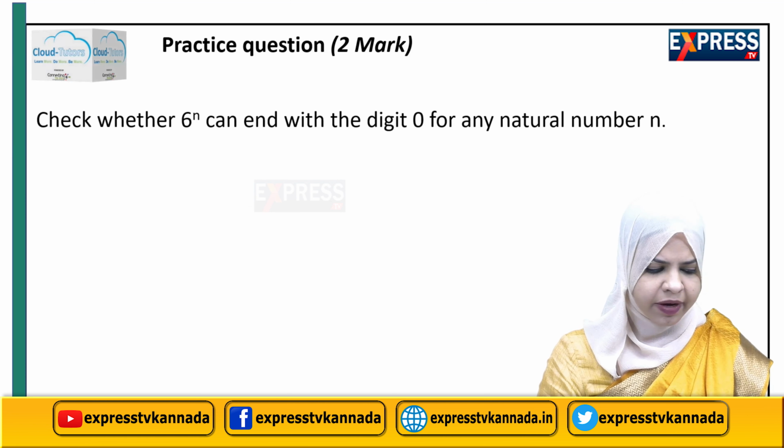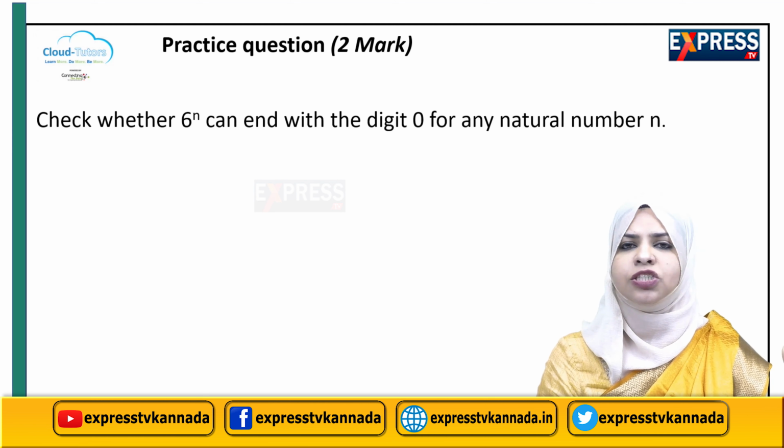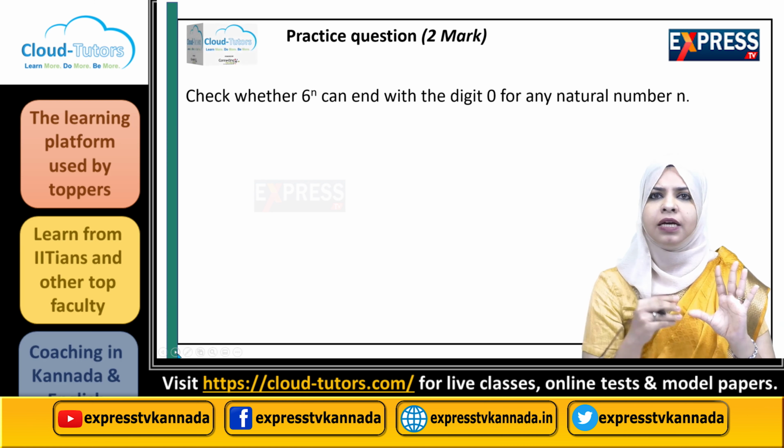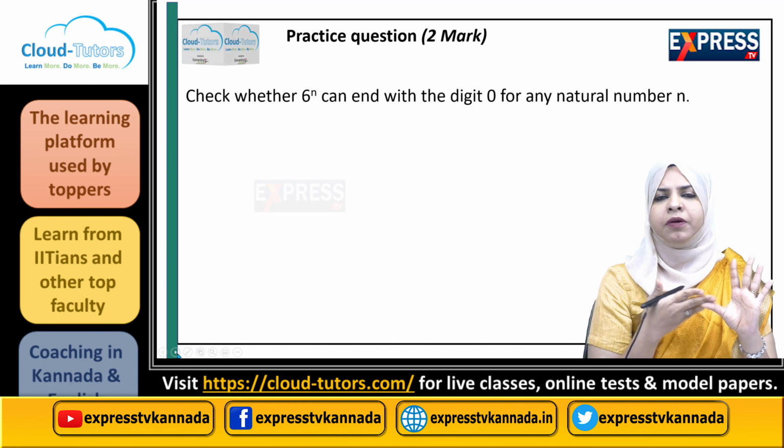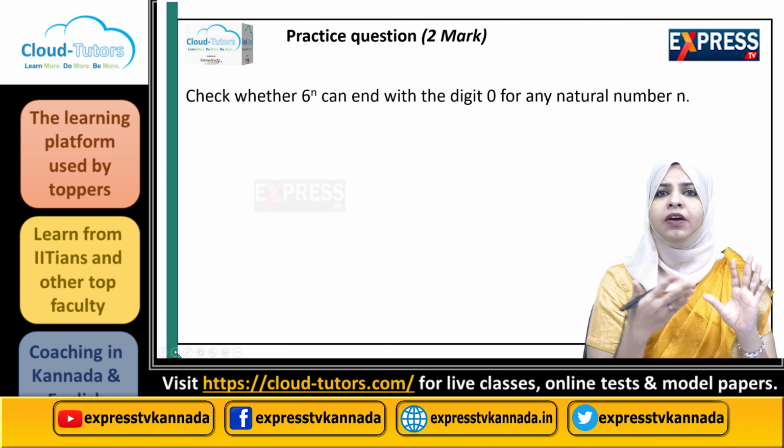Check whether 6 power n can end with digit 0 for any natural number n. So if 6 power n should end with digit 0, that means it should have a factor 5, right? 5 is the prime number which has a multiple ending with 5 or 0, right? Let's write that in the form of a statement.